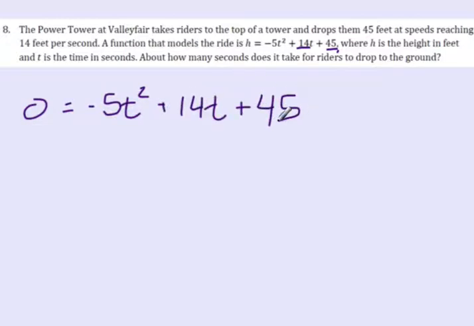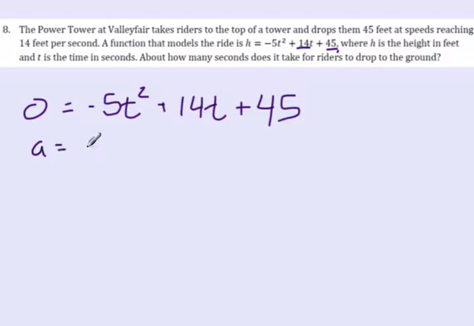So let's go ahead and take a look at this. What we want to do is use the quadratic formula because we're trying to figure out when it comes back to the ground. And since we're using the quadratic formula, we want to think about how high I am when I'm off the ground. While I'm on the ground, I'm 0 feet above the ground. So I'm going to be setting this equal to 0. And now I'm going to use the quadratic formula.